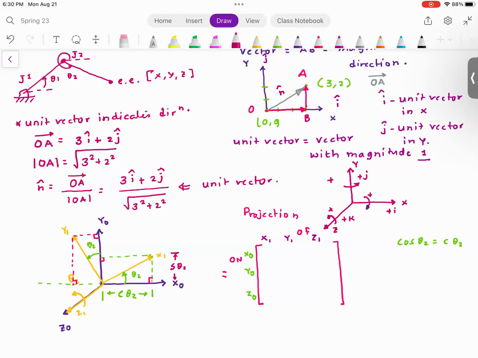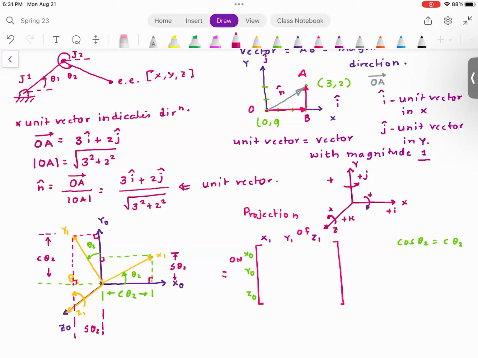Projection of y1 onto x0, and I want you to pay attention here. This is again sine theta z, but please understand it is going in the negative direction. So this is minus sine theta z. And the projection of y1 on y0 is cosine theta z.